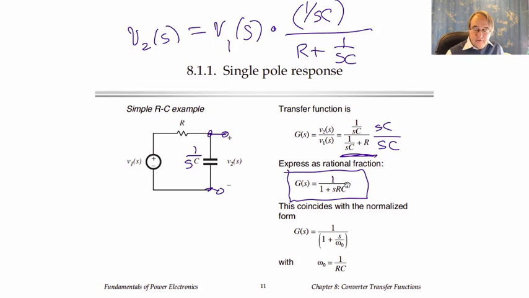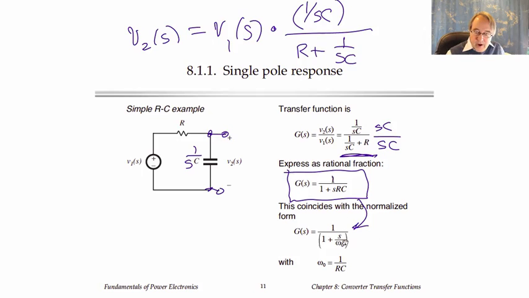Okay, this term coincides with a standard form that we're going to use for a first order polynomial in the denominator. This is called a pole, in which there's a root of the denominator. And the normalized form that we will use has, again, the coefficient of s to the 0 power equal to 1. And here we have a constant omega naught that tells us the coefficient of s to the first power.